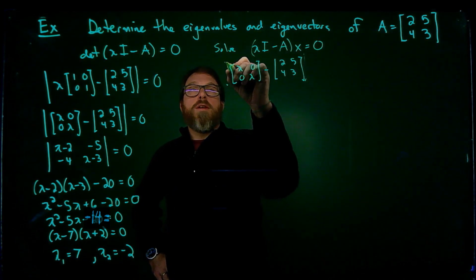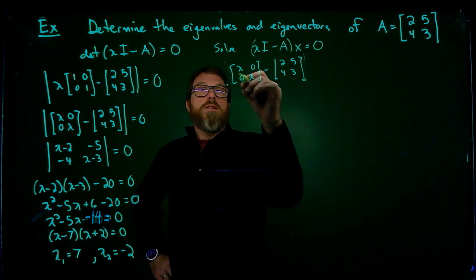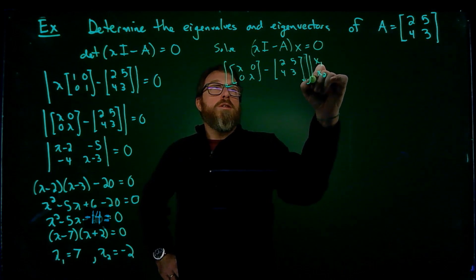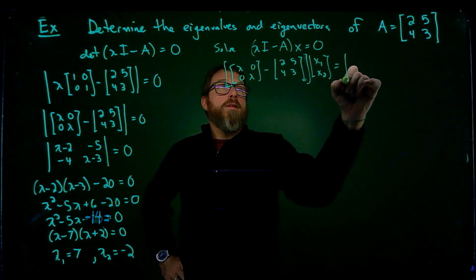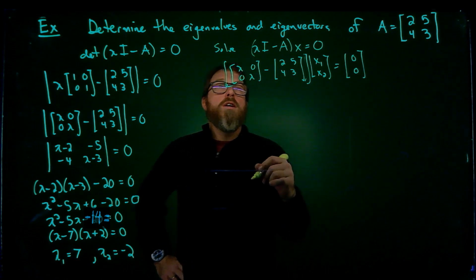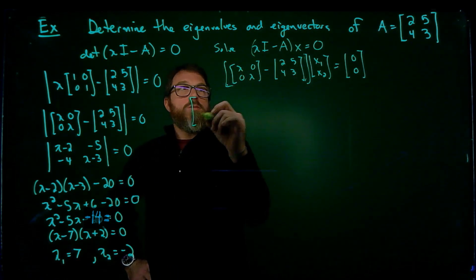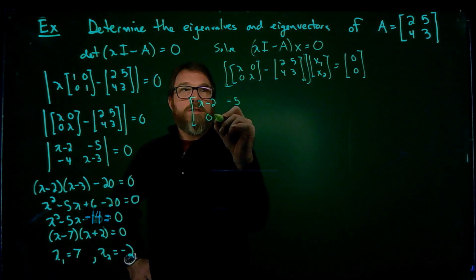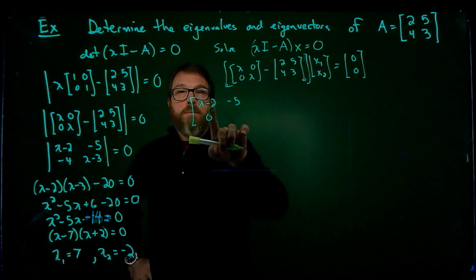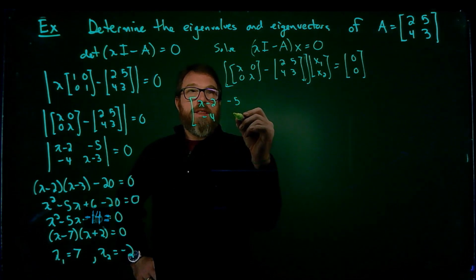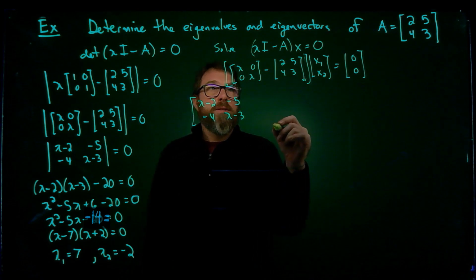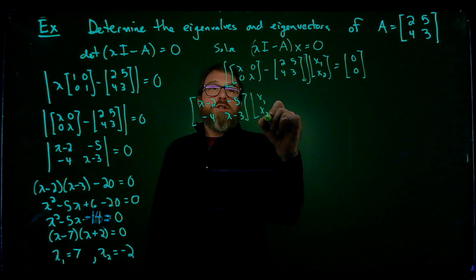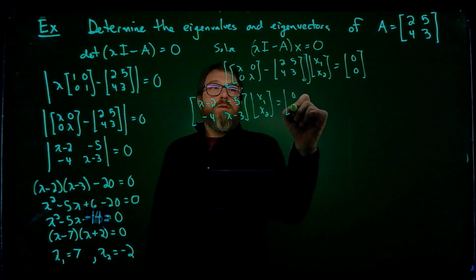I'm going to write this in augmented form. So times x is going to be equal to 0. Setting this up, this is going to be equal to lambda minus 2, and then negative 5, and then 0, and then minus 4, so negative 4, and then lambda minus 3, times the matrix x1, x2, is going to be equal to 0, 0.